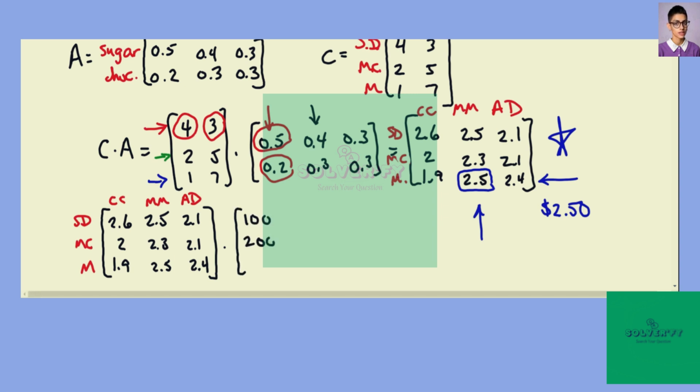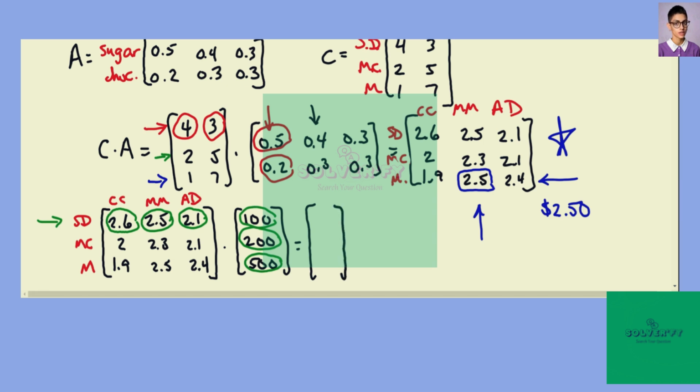So now if I multiply across San Diego, it costs $2.60 per kilogram of Cheery Cherry, and I want 100 of them. It costs $2.50 to make 1 kilogram of Mucho Mocha, and I want 200 kilograms. And it's $2.10 per kilogram of Almond Delight, and I want 500. So when I multiply and add them together, that's going to tell me the total cost for San Diego for this special order.